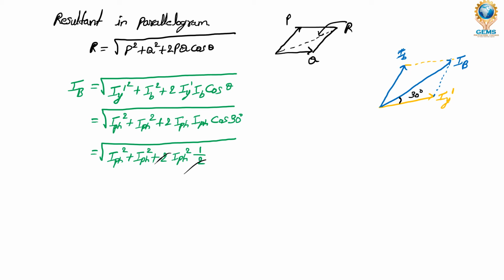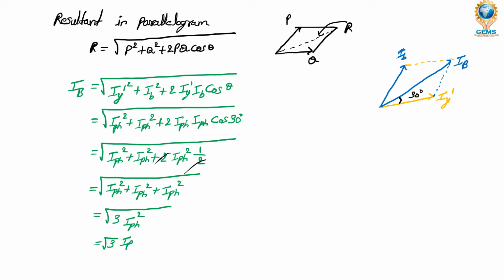Then it will come like this, square root of I phase square plus I phase square plus I phase square, square root of 3 I phase square. Then root 3 into root square will get cancelled, root 3 into I phase. Now IB is the line current.